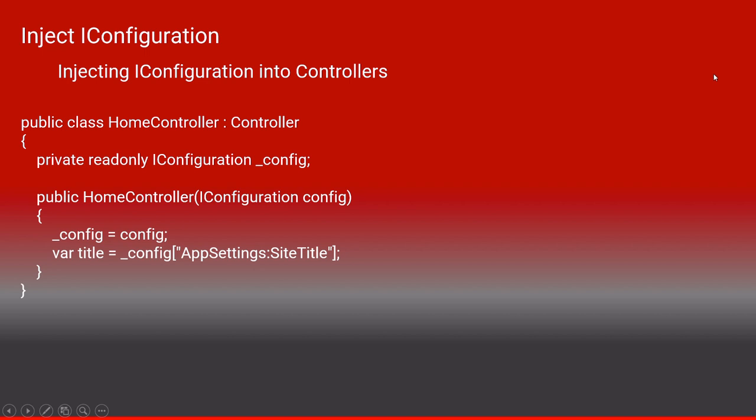This approach allows us to access our configuration settings anywhere within the controller. In this case, we retrieve the site title and can use it across our actions. This promotes clean code and keeps our configuration centralized, making our application easier to maintain.